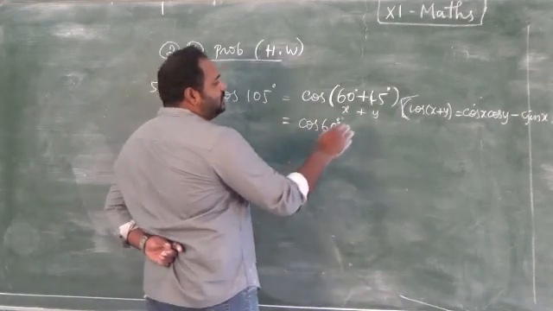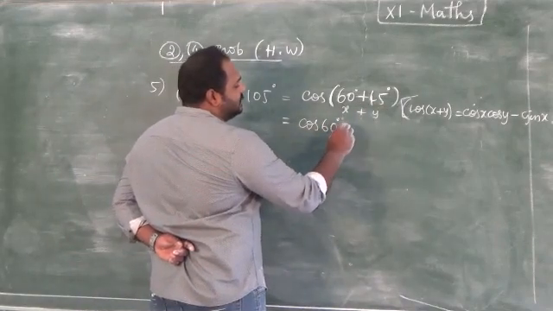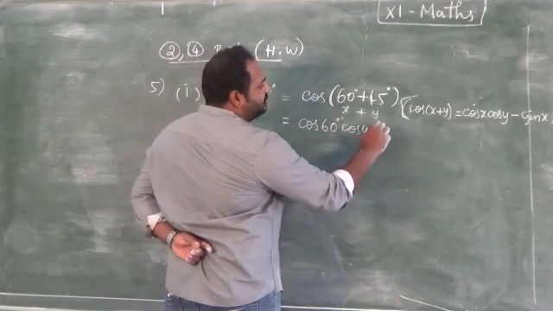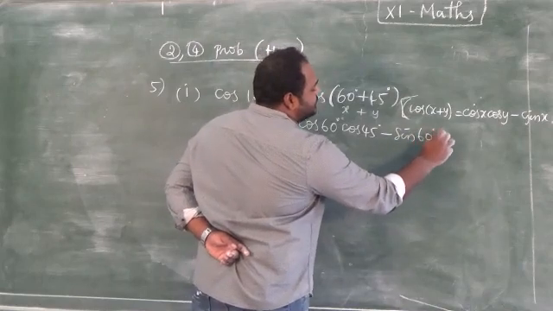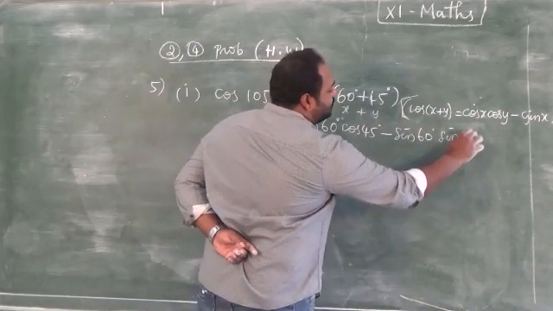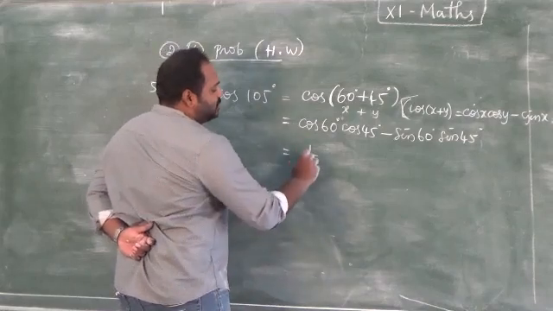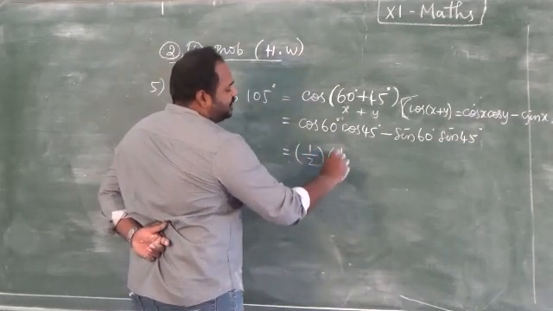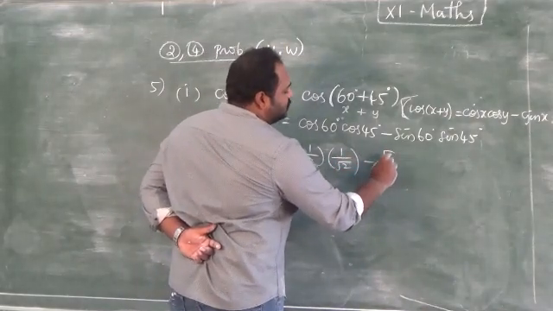Okay, cos of x plus y formula is cos x cos y minus sin x sin y. So here x is 60, y is 45. So cos 60 cos 45 degree minus sin 60 sin 45. What is the cos 60 value? 1 by 2. Cos 45 is 1 by root 2. Sin 60 is root 3 by 2.